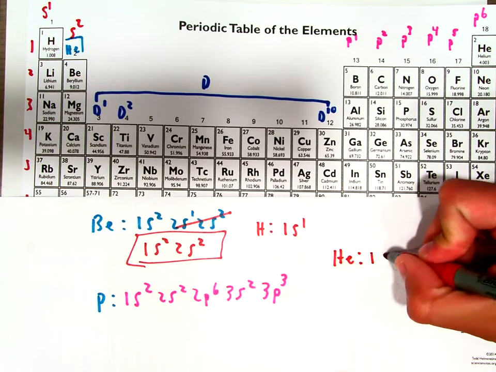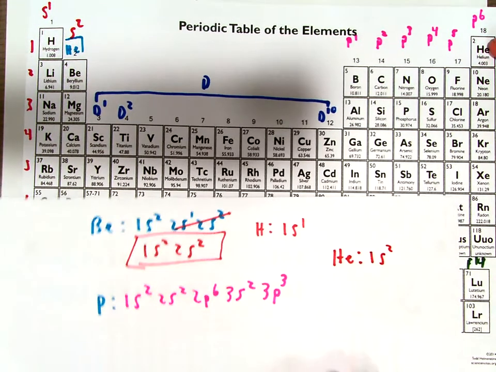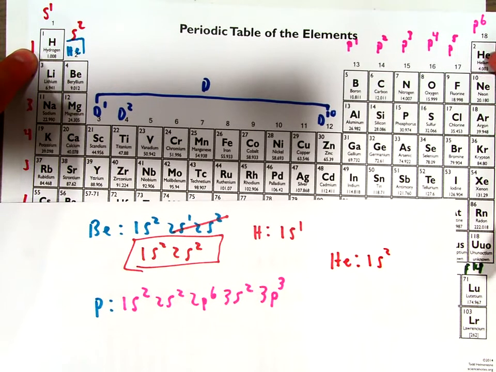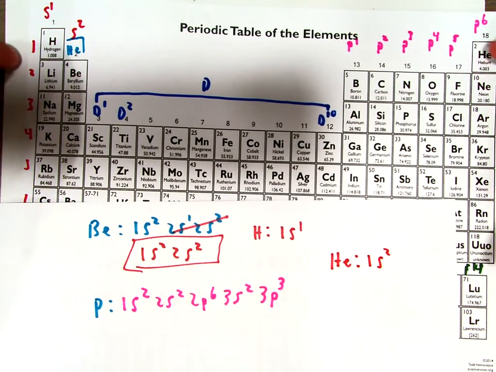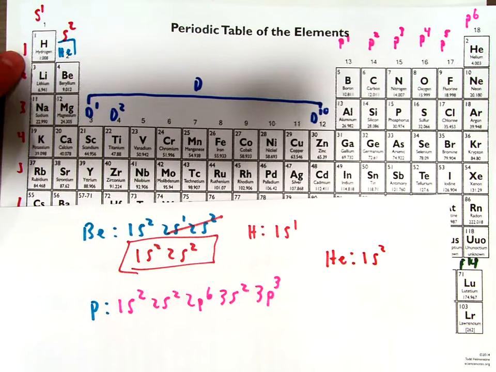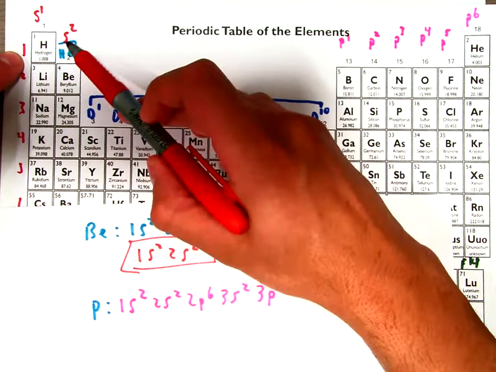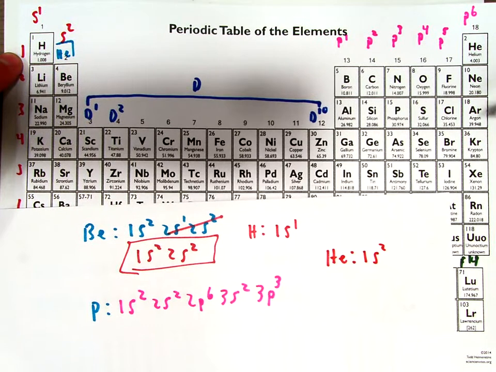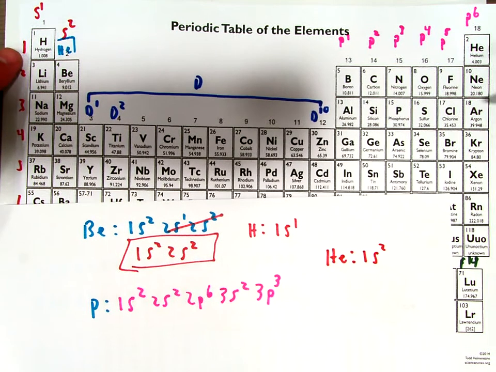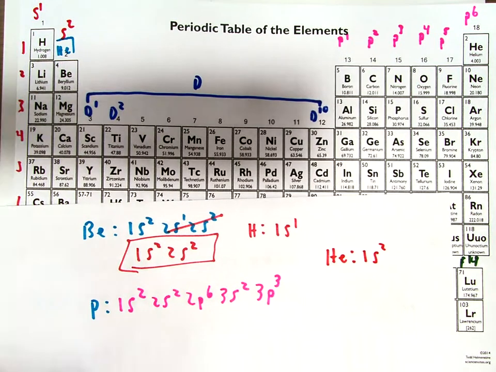That's why there's no 1p orbital. That's not a thing. 1p6 just doesn't exist. Okay, so that's why we can think about helium as actually being here, but it's here for other reasons due to the way it reacts, which we'll go over later. Okay, but that's why we kind of consider it to be there.